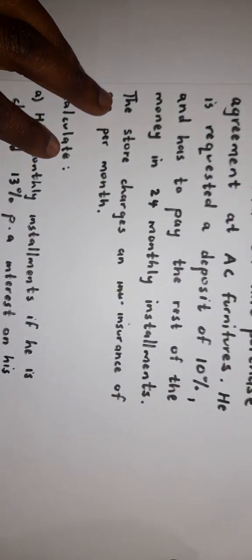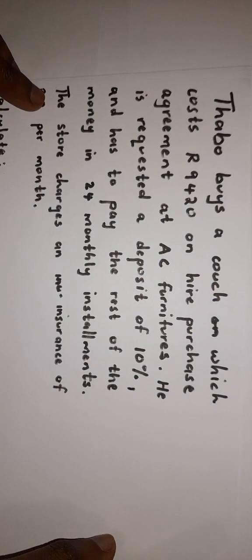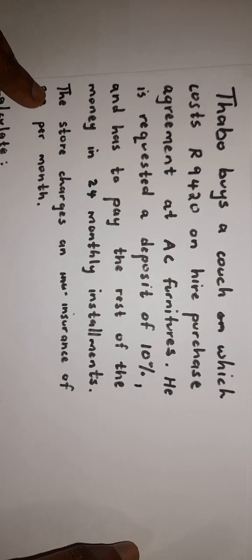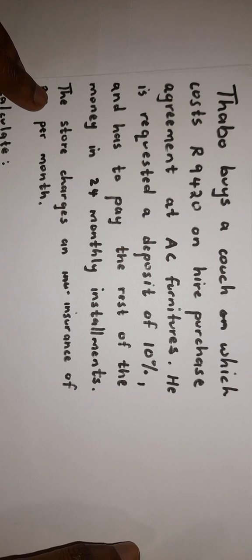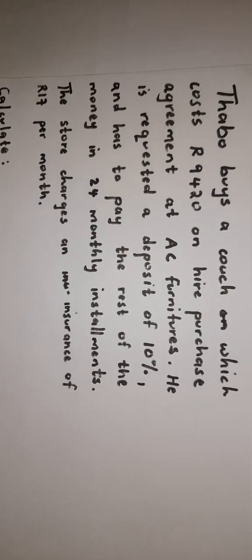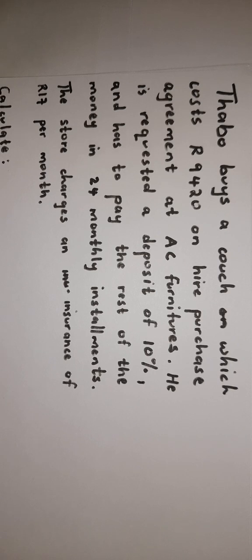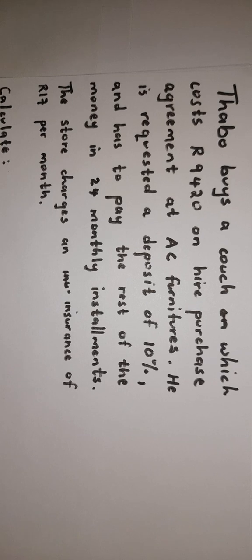Here is our story. We can see that we have Tabo, who buys a couch which costs 9,420 on a hire purchase agreement at AC Furnitures. He is requested for a deposit of 10% of the cost price and has to pay the rest of the money in 24 monthly installments.